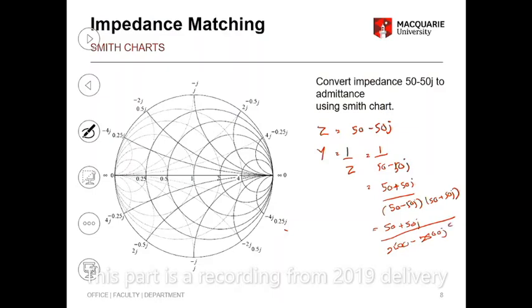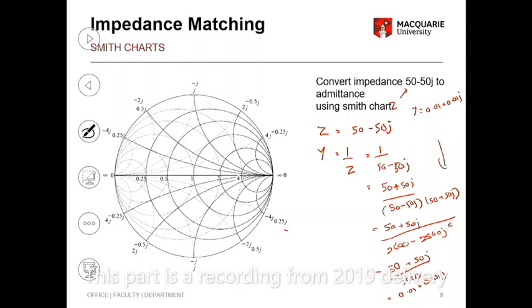So J squared becomes minus 1, which means it's 5000, right? So it becomes 50 plus 50J divided by 5000. So divide by that, 1 over 100 is 0.01 plus 0.01J. That's your admittance. So the answer to this question is, if this is impedance, your admittance is 0.01 plus 0.01J. So that takes us a few steps to work it out, right?